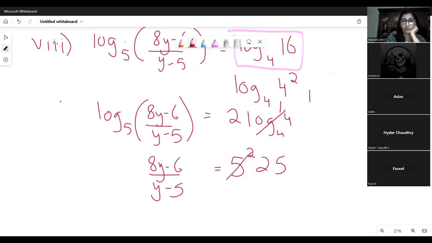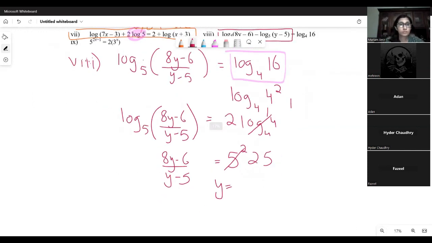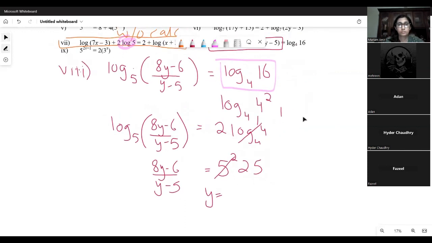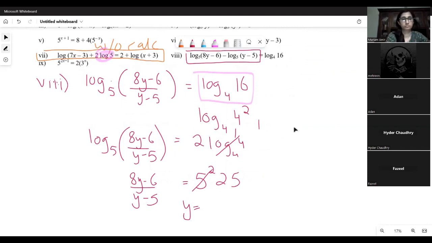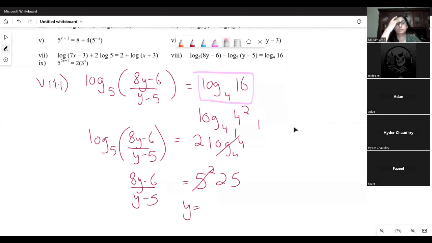Please solve this and give me the value of y. Seven. 7 is correct.